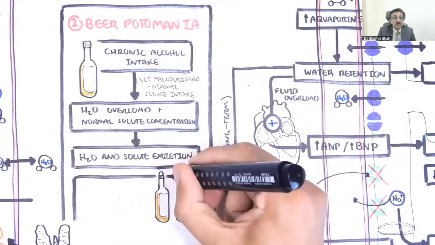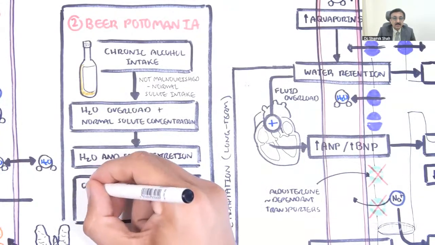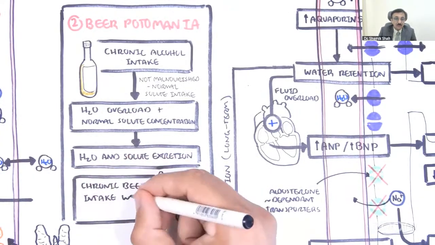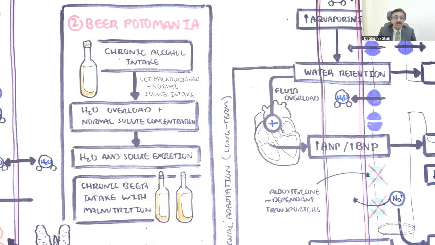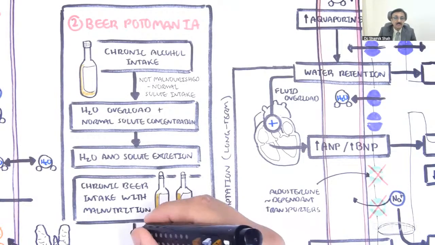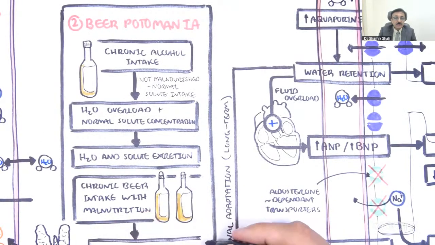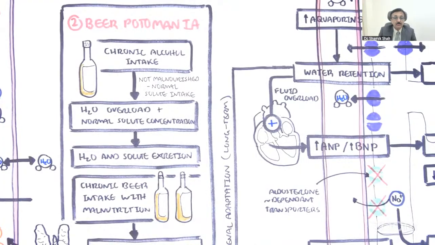But for chronic alcoholics, when the alcohol intake increases substantially more, these people then start to take less nutrition. Because of increased alcohol intake, especially beer, they always have a sense of fullness. So they reduce their food intake, and food intake reduction means there is a reduced protein intake and reduced solute intake in the system.